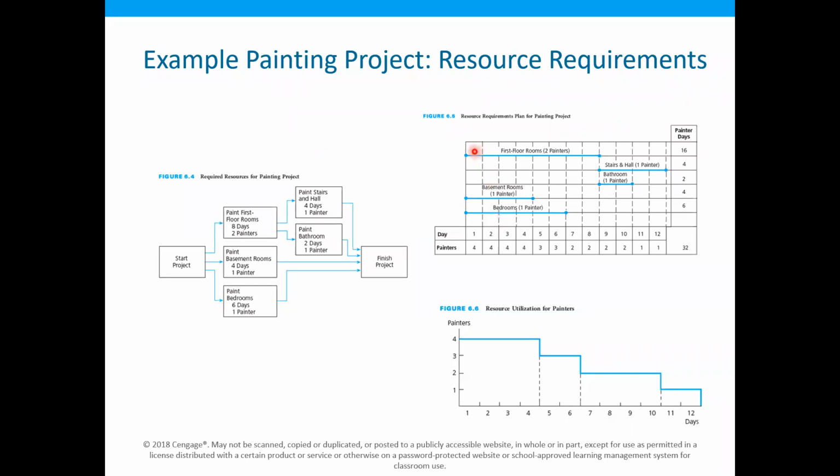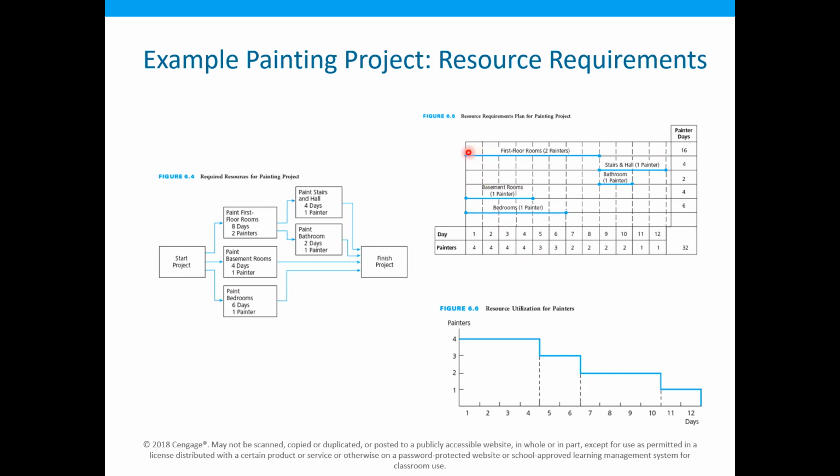Over here there is a timeline, which starts from 1, 2, 3 up to 12. And then we can use this kind of graphical representation for the activities to add up their resources for each day.